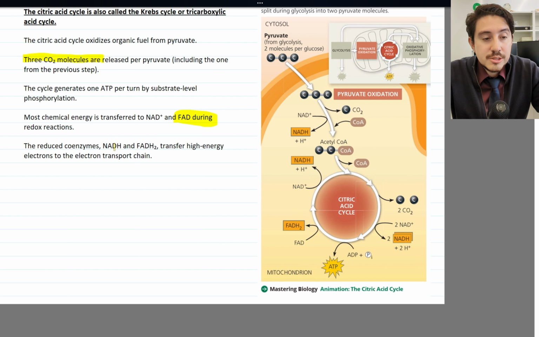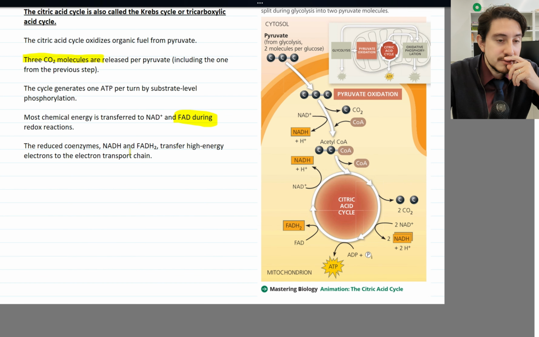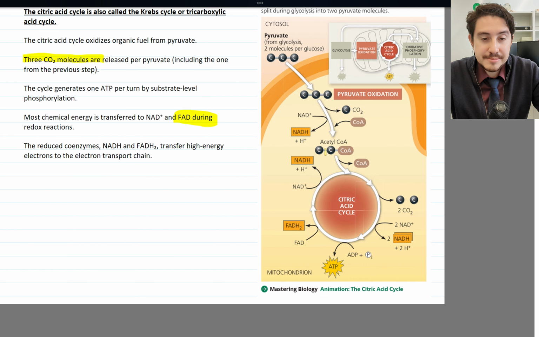You're going to get these two electron carriers ultimately. A good amount of electron carriers are produced here. That's one of the main ideas that you need to know. In the citric acid cycle or Krebs cycle, you're having a lot of production of NADH, and then those will go to the electron transport chain.